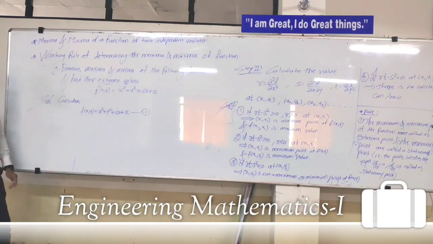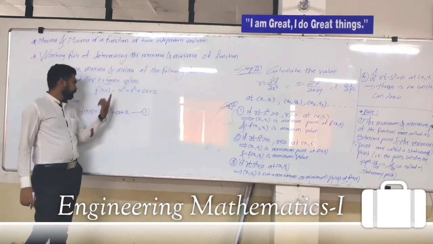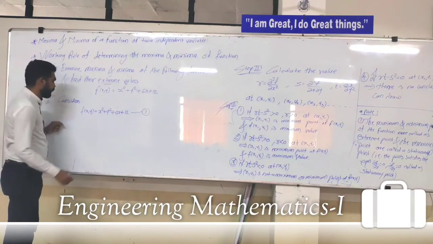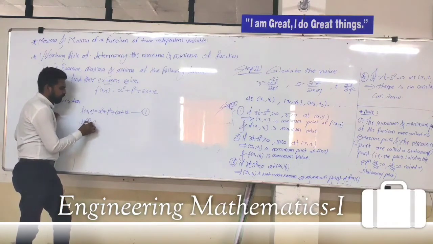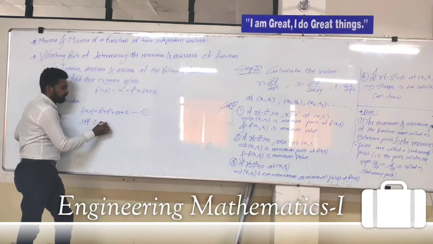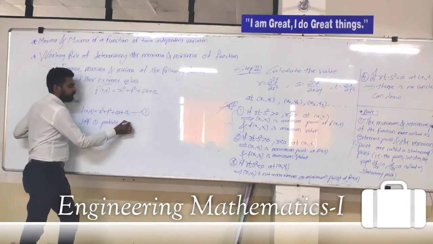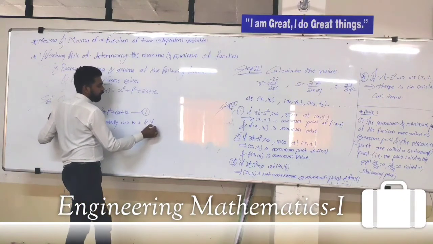You know that step number first, to find maximum point and minimum point, we first differentiate this function partially with respect to x and with respect to y.